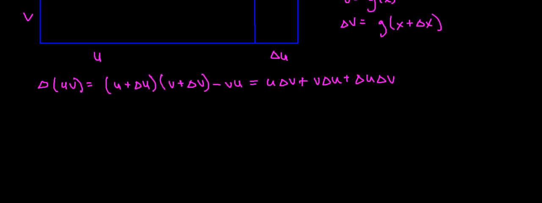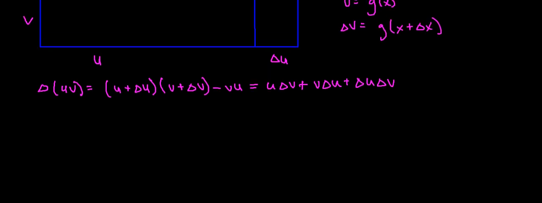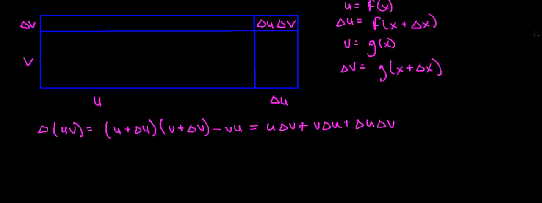So continuing on, now what I'm looking for is the rate of change. So I'm going to have to divide out by delta x, because that's what I'm going to be taking my derivative of in relation to x. And then I'm going to need to find out what happens when it goes to 0.